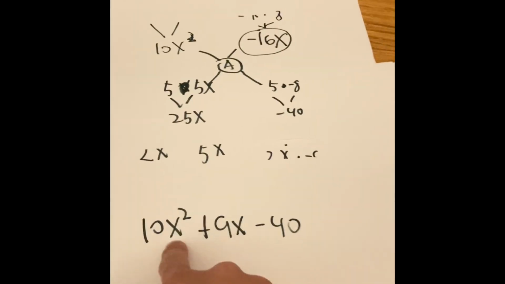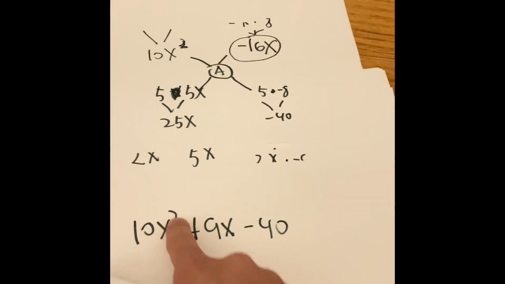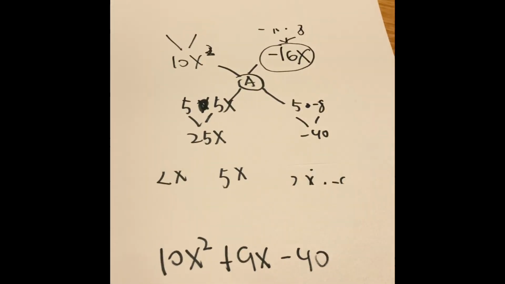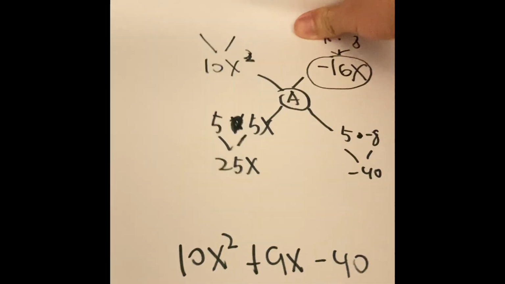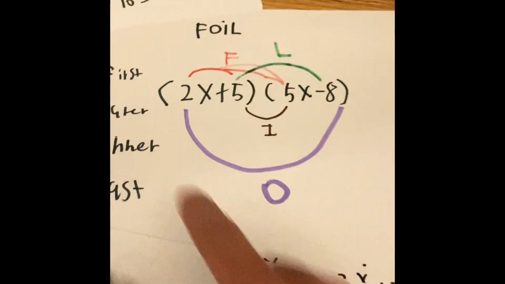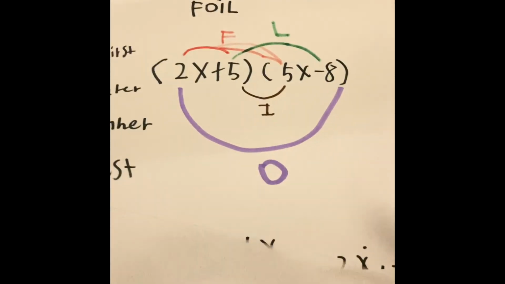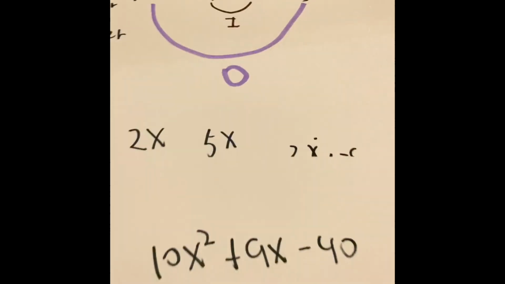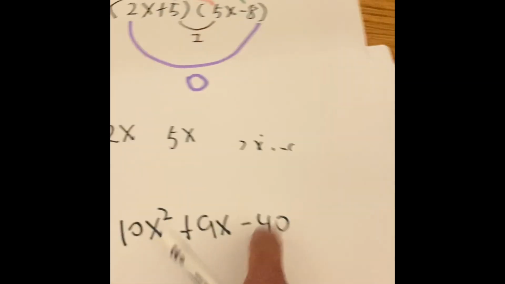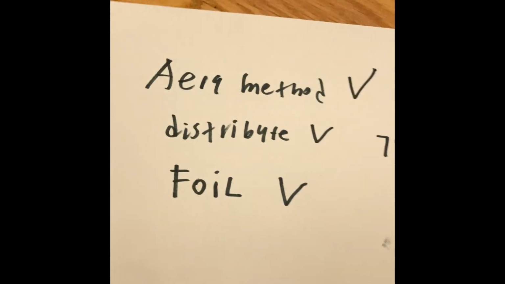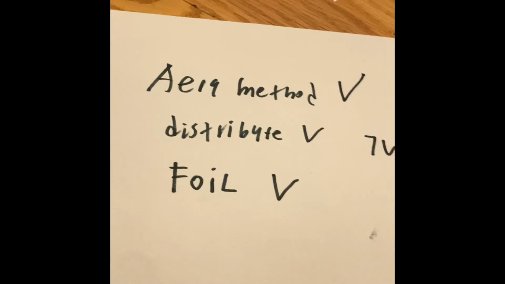There is our answer! 10x squared plus 9x minus 40. When we multiply the expressions 2x plus 5 multiplied by 5x minus 8, we are going to get 10x squared plus 9x minus 40. That is how we do the FOIL method. And that is the 3 ways we can multiply.